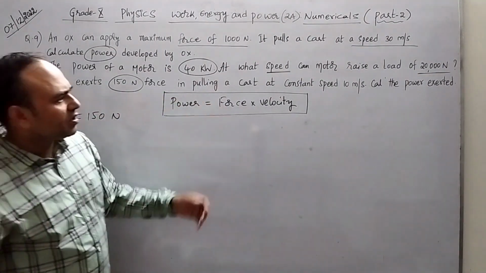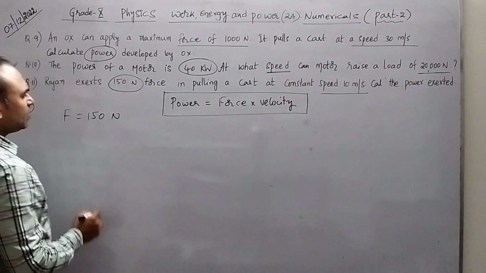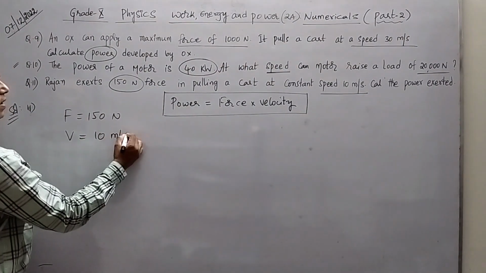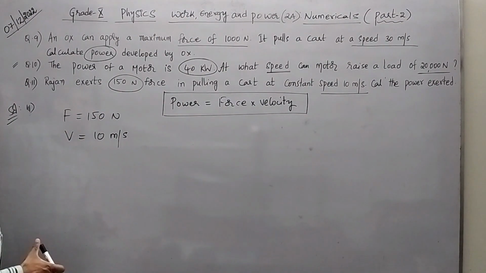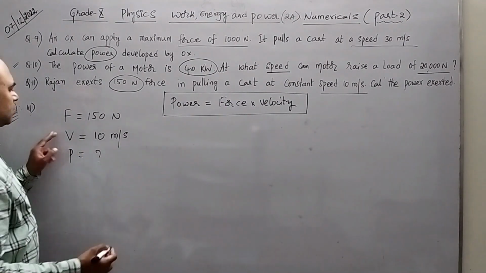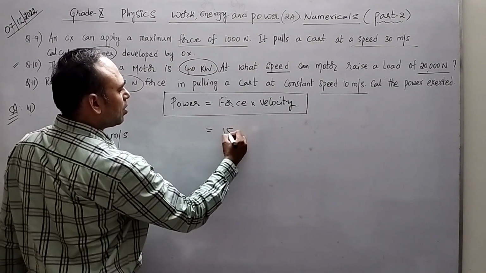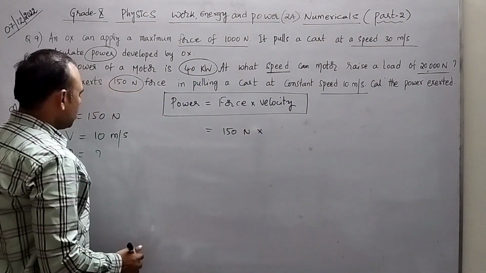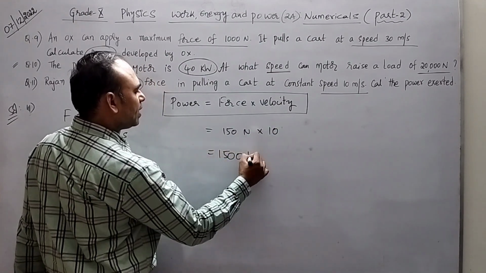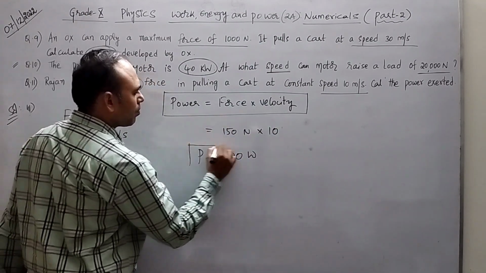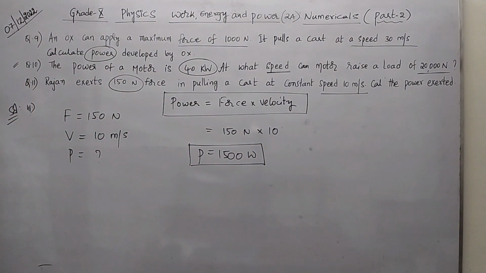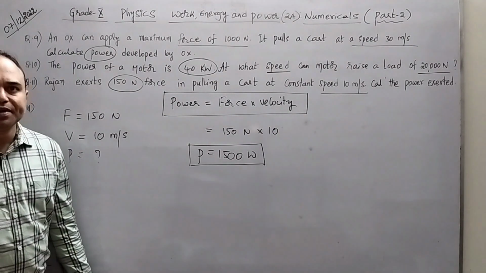In pulling a cart at a speed of 10 meter per second, we can take V is 10 meter per second. Next, calculate power exerted. Straightforward question. So power is equal to force 150 Newton into velocity is 10. Nothing but we can take it as 1500 watt. So with this we have completed question number 9, 10 and 11. Let us move to question number 12.